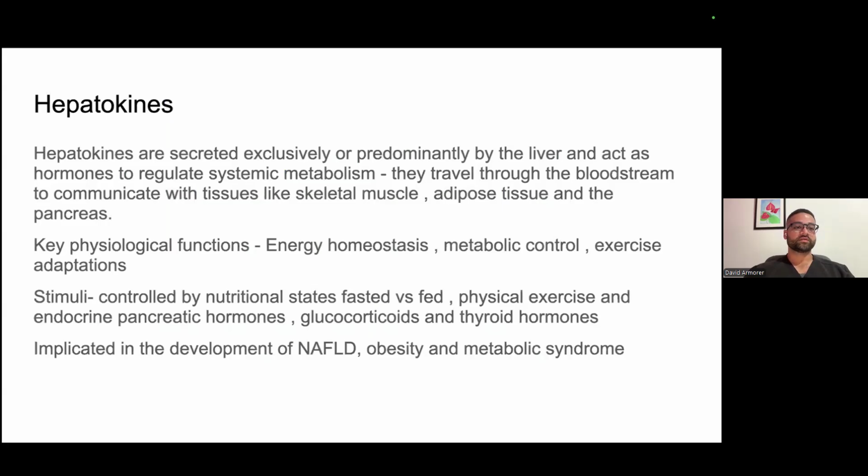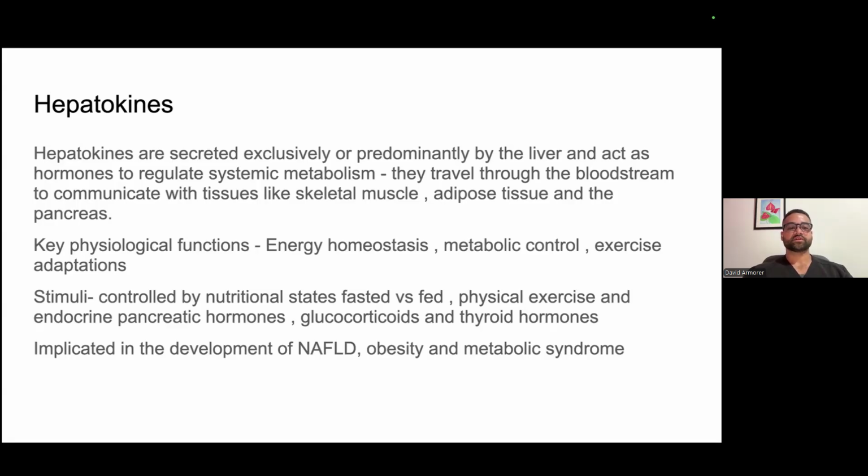So moving on, the other endocrine function of the liver would be secretion of some hormones known as hepatokines. Hepatokines are secreted exclusively or predominantly by the liver, and they act as hormones to regulate systemic metabolism. These hepatokines travel through the bloodstream and communicate with tissues like skeletal muscle, adipose tissue, and the pancreas.